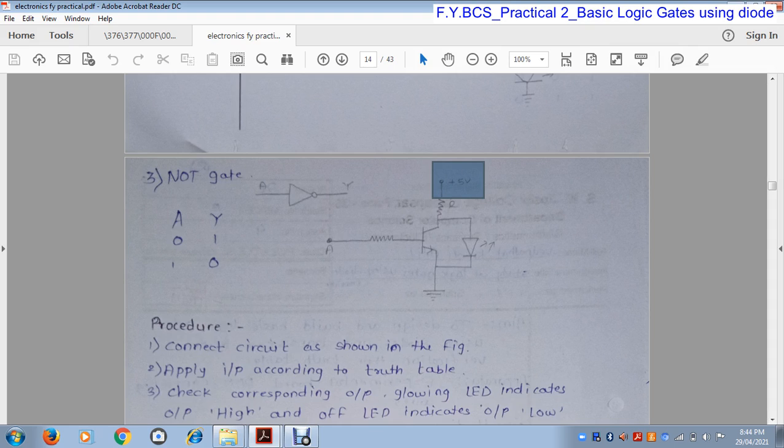So there is no current across the LED, and the LED remains off. So this represents 0 output.